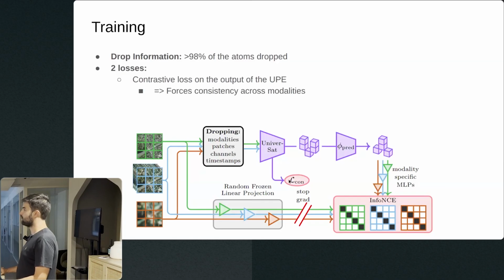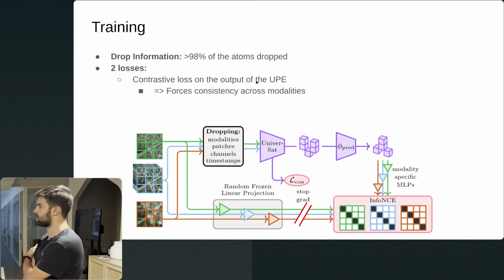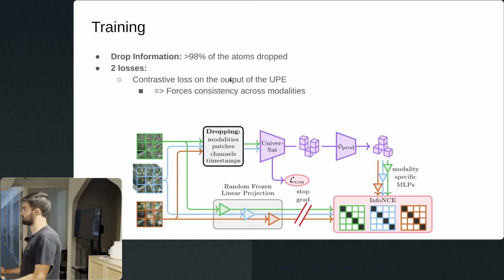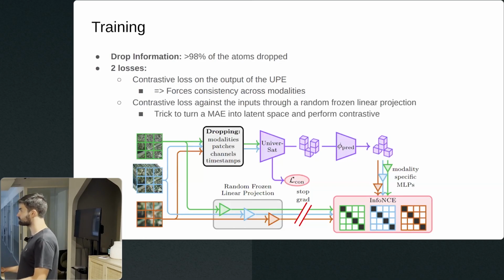We have the same loss as before, which is the consistency loss. It's just a contrastive loss on the output of the universal patch encoder that is going to force consistency across modalities because, again, they capture the same information on the ground, so they should have the same representation.